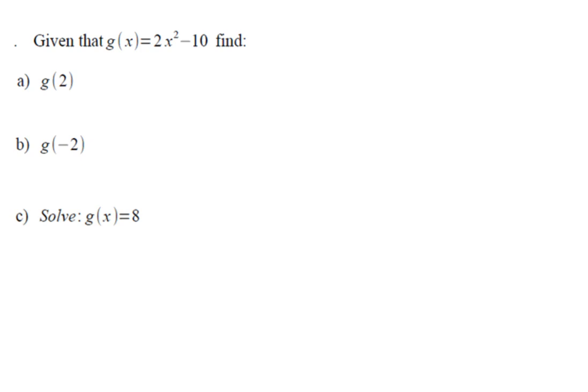Okay, given that g of x is 2x squared minus 10, you just put x as being 2 in there. So g of 2 equals 2 times 2 squared, and then minus 10. That comes to 4 times 2 is 8, minus 10 equals minus 2.